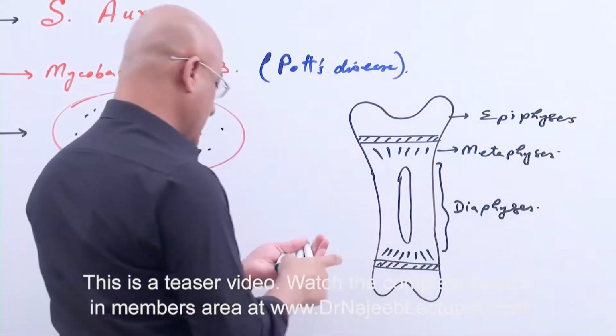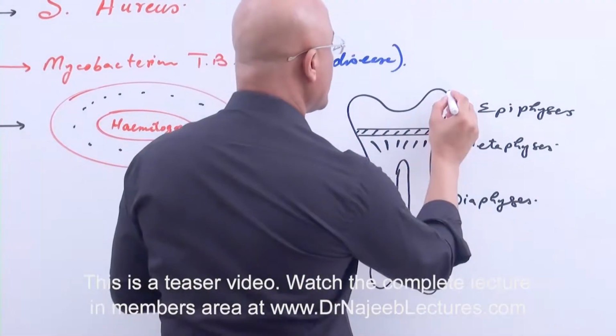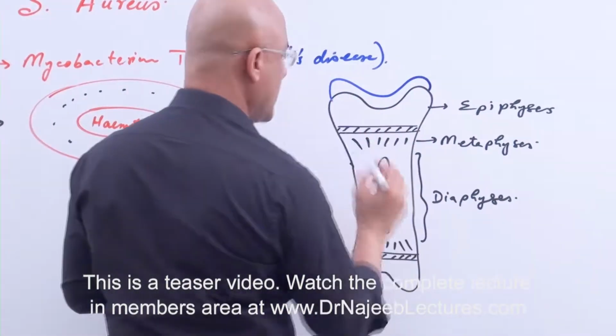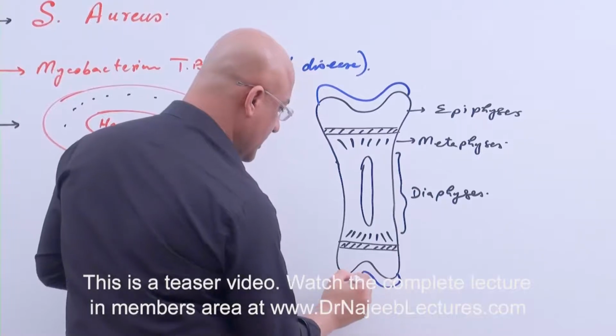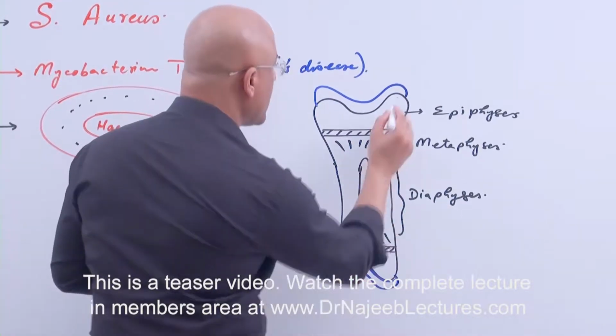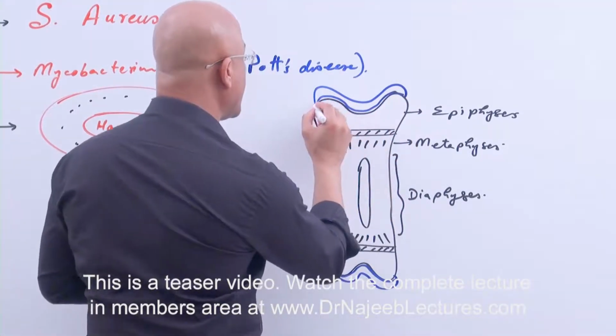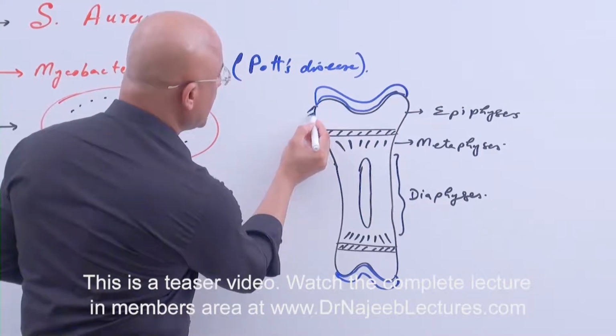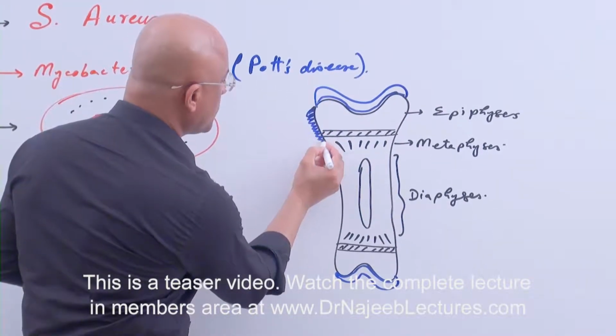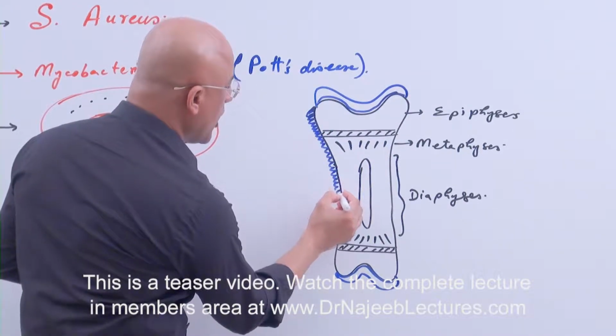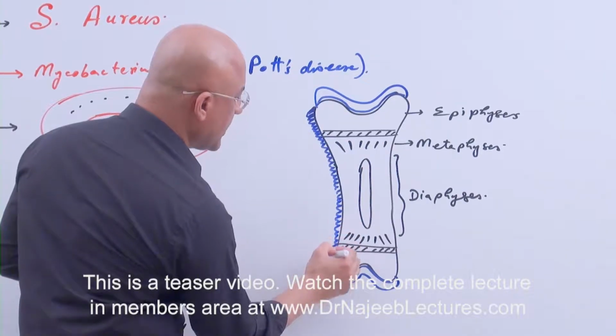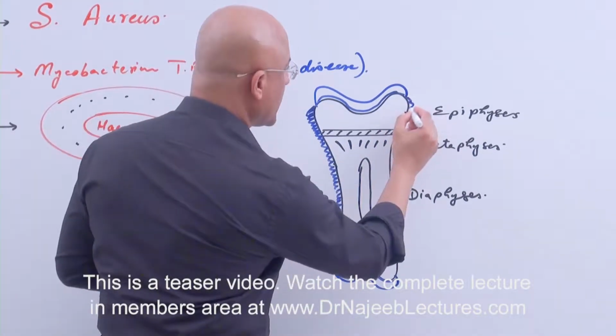A little detail, and here is the articular cartilage. Here it is, articular cartilage, and here is a very tough membrane over it. What is this membrane? Periosteum, covering the bone.